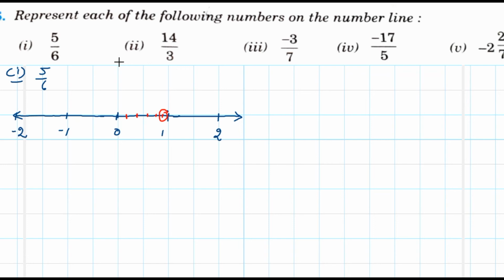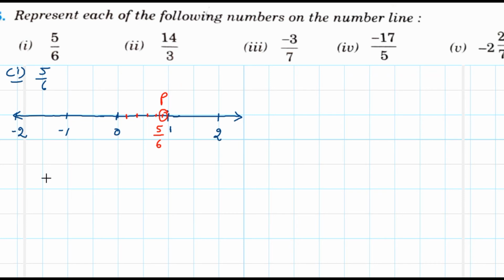So here 1 is written. To represent 5 upon 6, I will write here 5 upon 6, right students? So let me say this point P is the point which is representing 5 upon 6 on the number line, right?